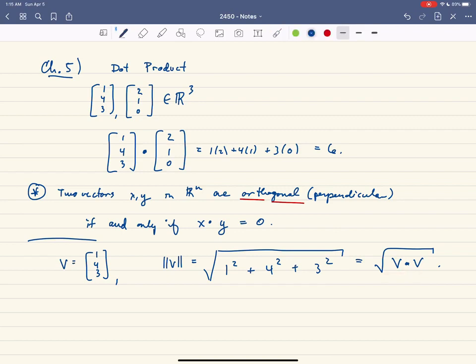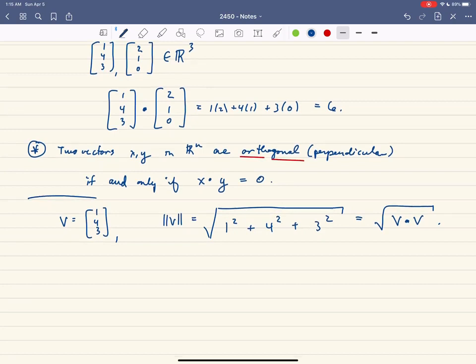I should point out, by the way, that if I were to have the vector (1, 4, 3), in our case, what we would get would be the square root of 1 plus 16 plus 9. So that'd be the square root of 26.